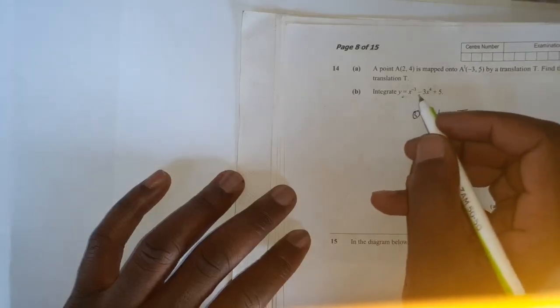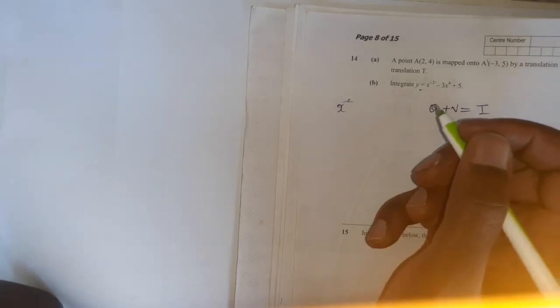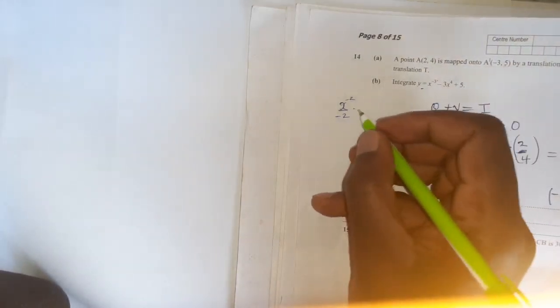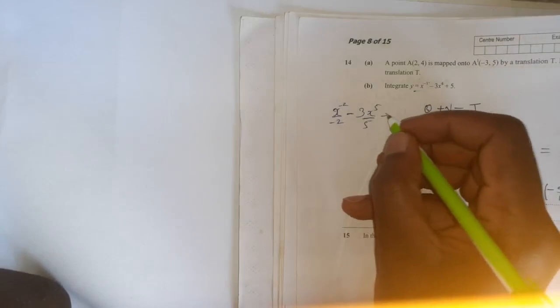This one, we want to integrate. How do we integrate? I'm sure you know that we need to add a 1, then divide. So integration of the first one, when we add a 1 here, we are remaining with -2. Then that -2, we need to divide it here also. Then the second one, you add a 1 here. You're going to have minus 3x to the 5 over 5 also, plus 5.